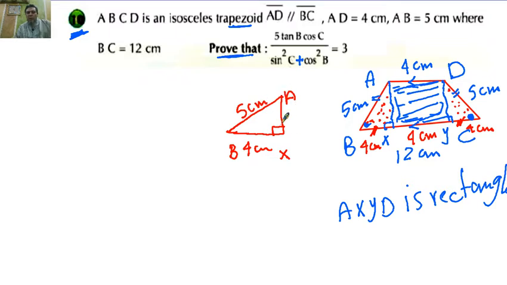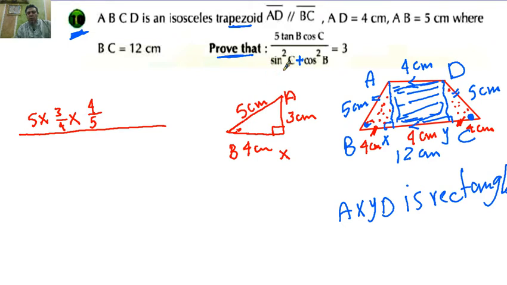Then we must find the length of AX by Pythagoras theorem. This side equals 3 centimeters. To prove that the ratio equals 5 times tan B, opposite over adjacent, 3 over 4, times cosine C like cosine B, adjacent over hypotenuse, 4 over 5.